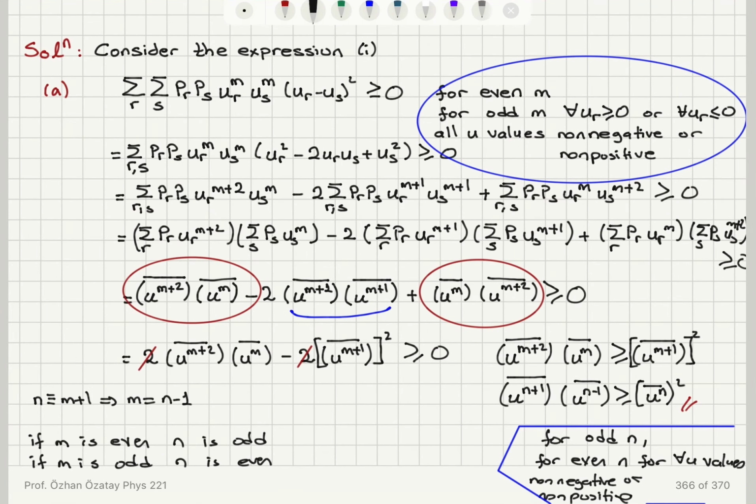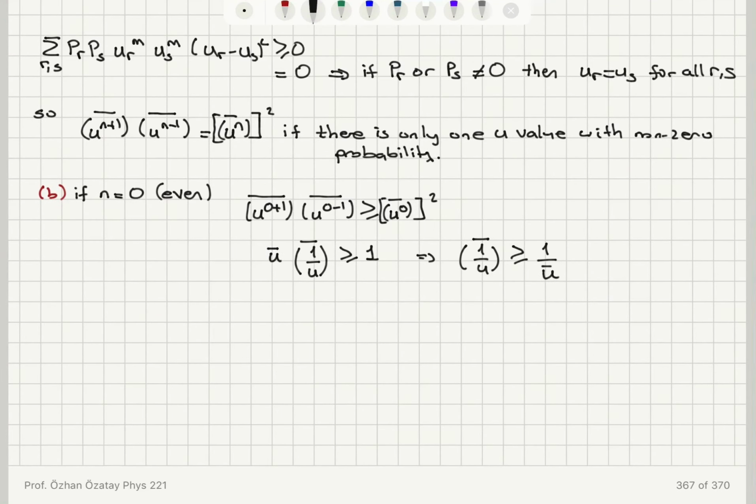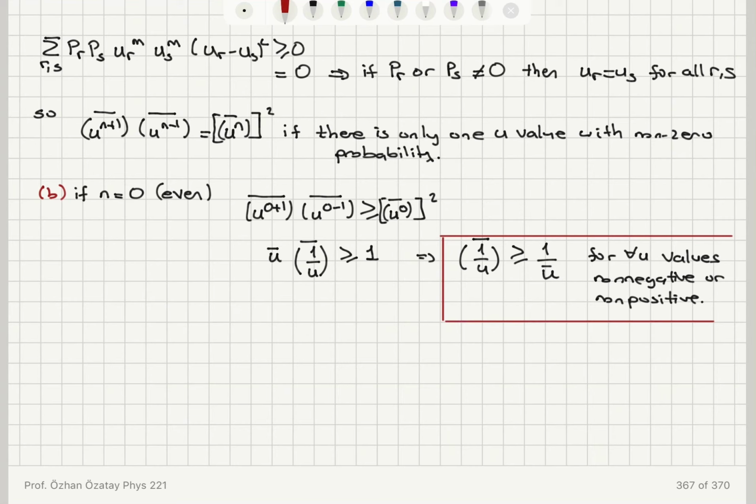Remember that if n is even, m is odd, we must have all U values non-negative or non-positive, which means they're all positive or they're all negative. So we have shown that this is the case as suggested by the problem statement.